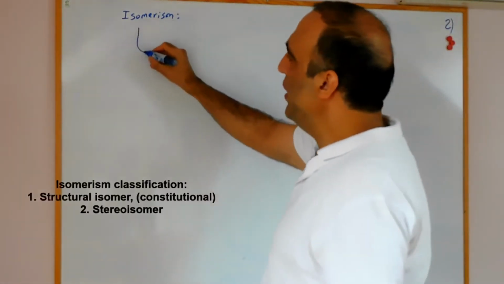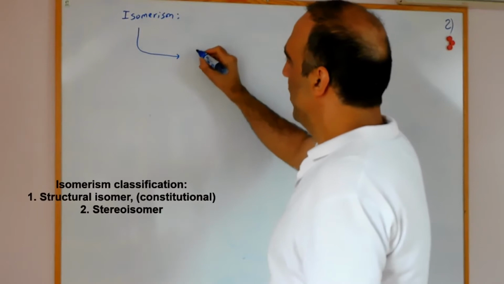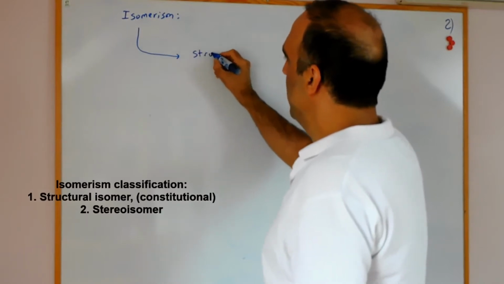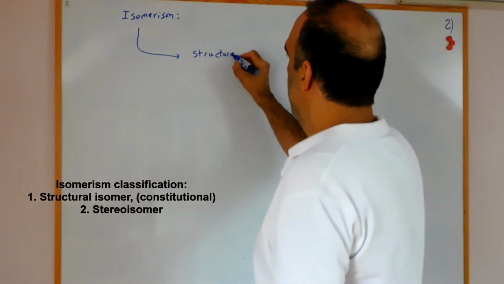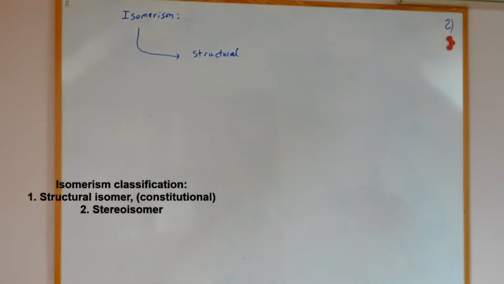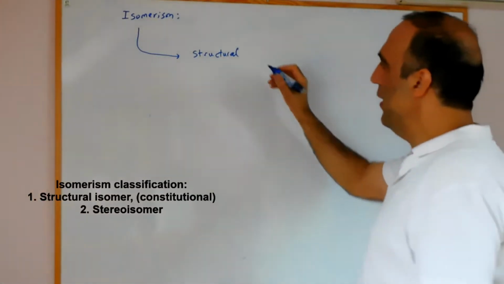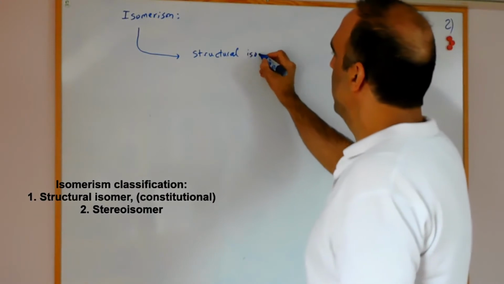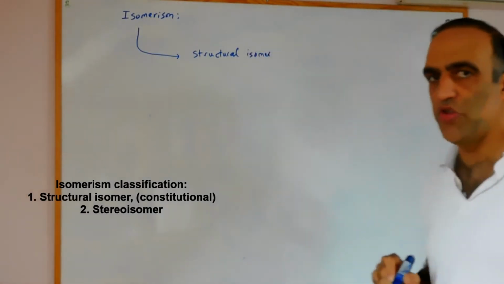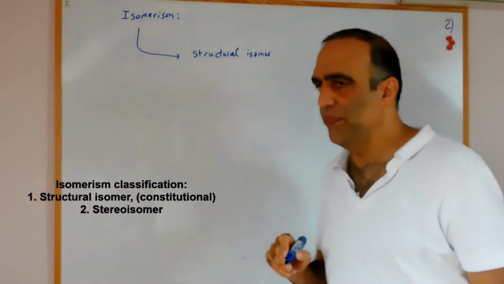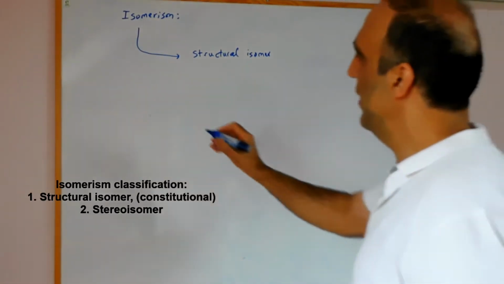We have two main groups for isomerism: structural, or we can say constitutional isomer, and the second one, stereoisomer.